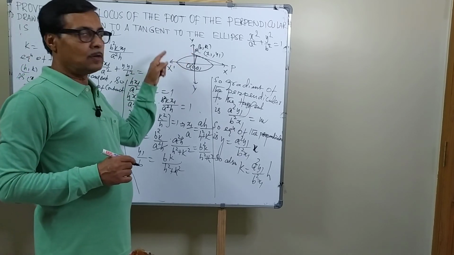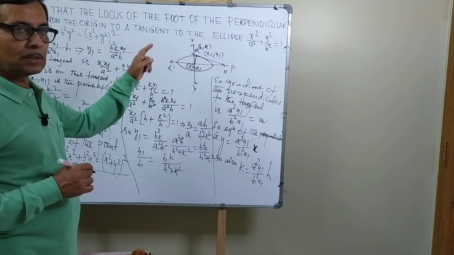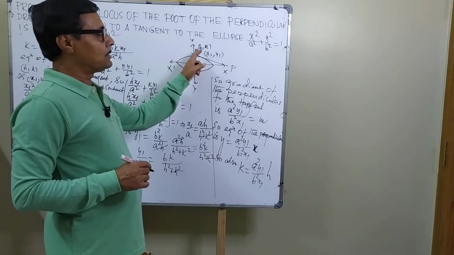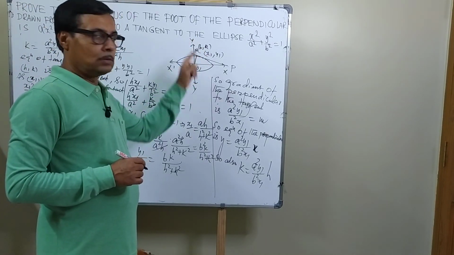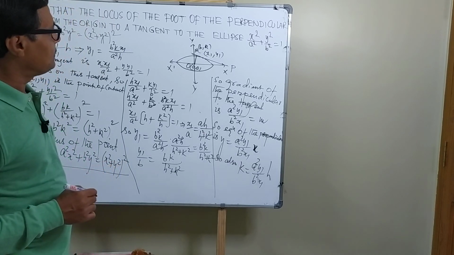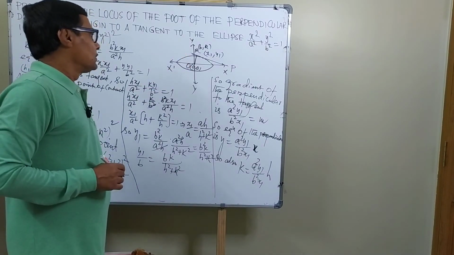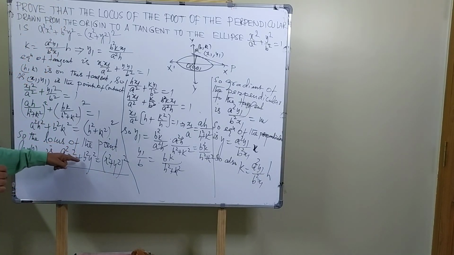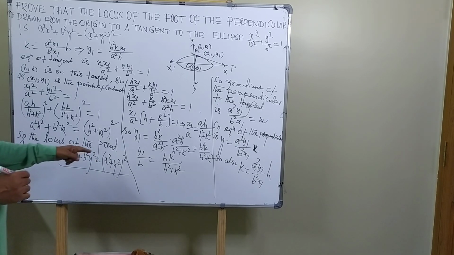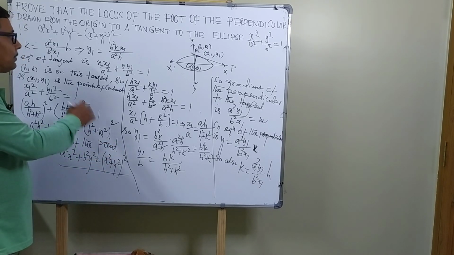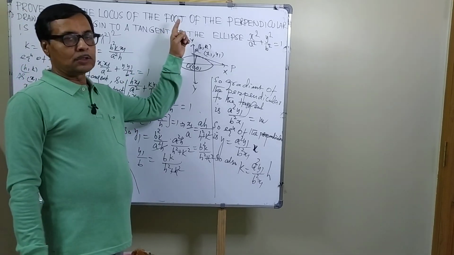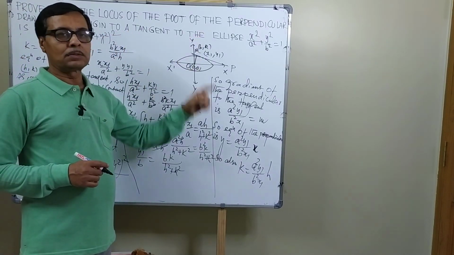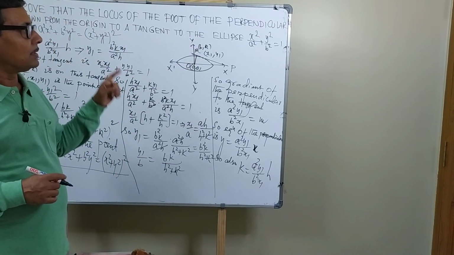The locus of (h, k) is the representative of all these feet of perpendicular which satisfy a certain condition. So the locus of (h, k) can be written as a square x square plus b square y square equal to x square plus y square whole square. So we have derived the locus of the foot of the perpendicular drawn from the origin to a tangent to the ellipse x square over a square plus y square over b square equal to 1.